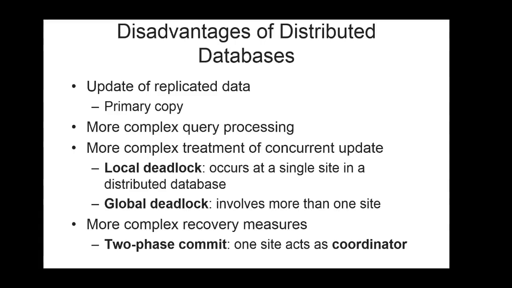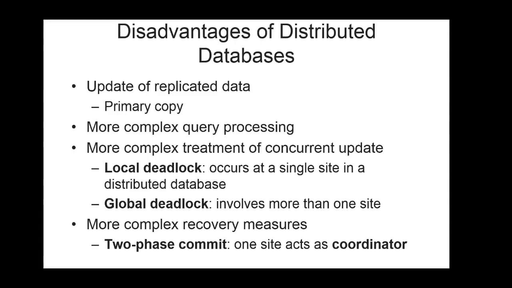Processing queries is more complex in these types of databases. The complexity occurs because of the differences between the time it takes to send messages between sites and the time it takes to access a disk. Also, sometimes deadlock is a possibility in distributed databases.